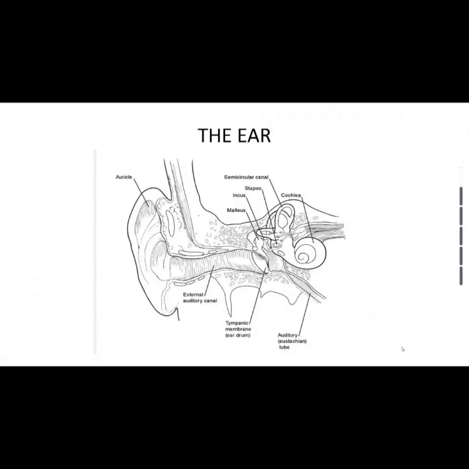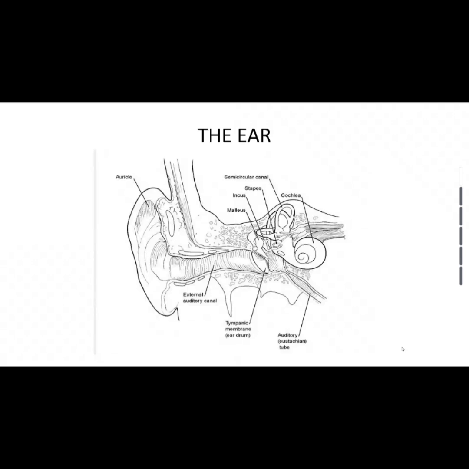And then you can see, more importantly, a connection between the middle ear and the pharynx that we have talked about, the auditory or eustachian tube. Usually this one helps control the pressure between the middle ear and the outer ear. So it helps control the pressure of the tympanic membrane. It actually equalizes the pressure for you to be able to hear better.